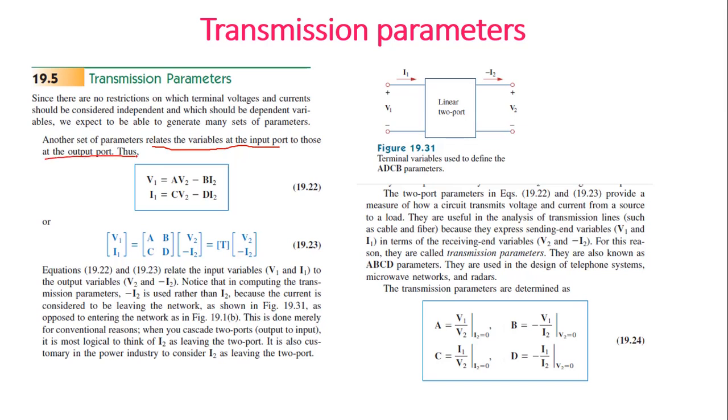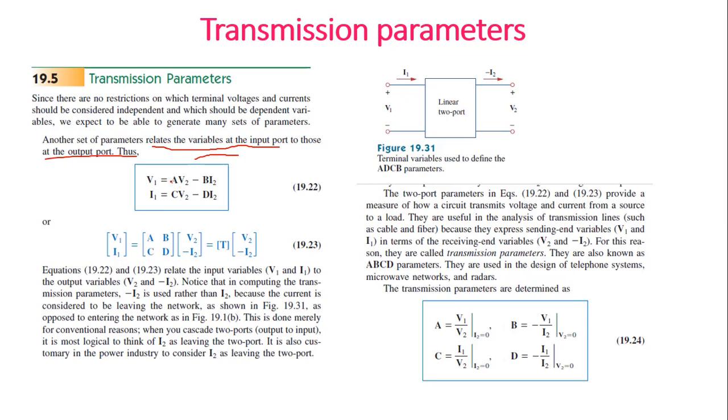What are the variables at the input port? It is V1, I1. And what are the variables at the output port? It is V2, I2. Now we are going to see the relationship of V1, I1 in terms of V2, I2. So that is what transmission parameters mean. You can see that V1 and I1 are expressed in terms of V2 and I2.